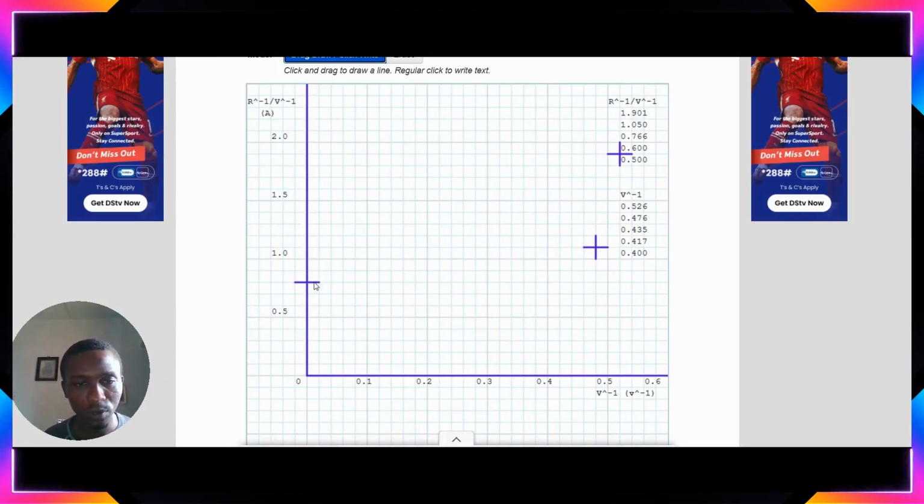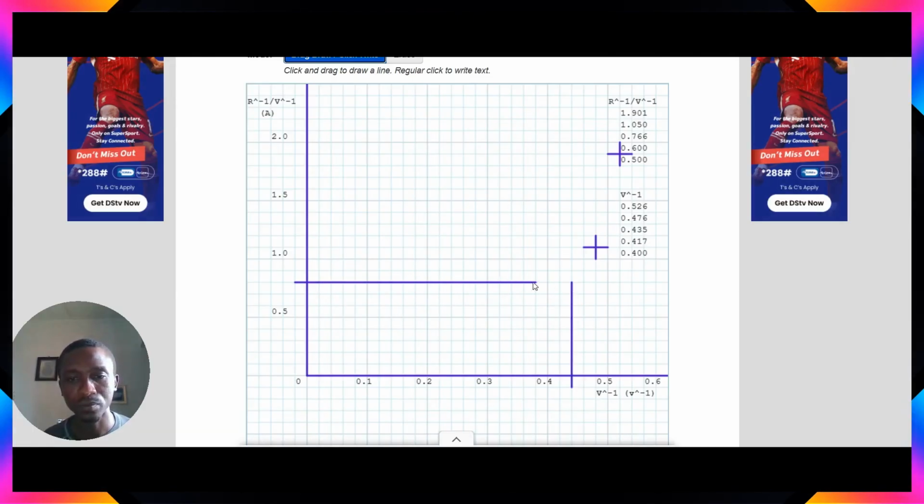Here is 0.8. The corresponding value of the voltage at that moment is 0.43. So which can be approximated as 0.44. And you have 0.44 here. So we are going up like this and going like this. So here we have our point. Good.